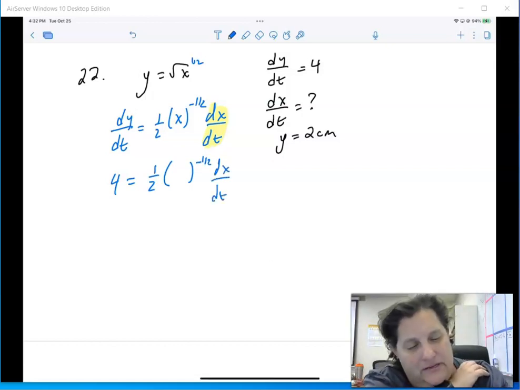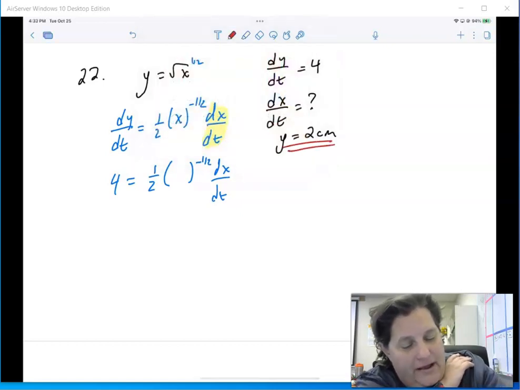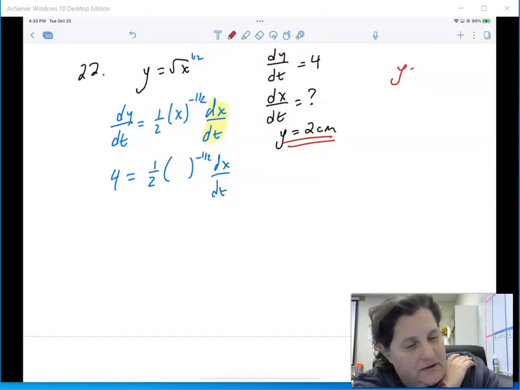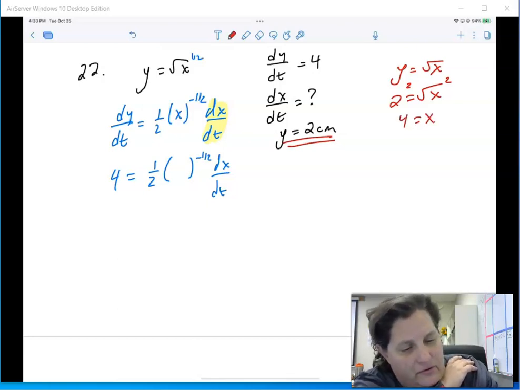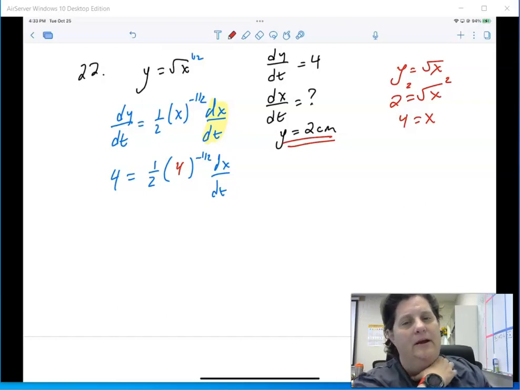But how do I know what x is? Well, I got to find that. And I can actually do that by saying, oh, if y is 2, what's x? So let me come over here. If y is 2, square both sides, x equals 4. All right?